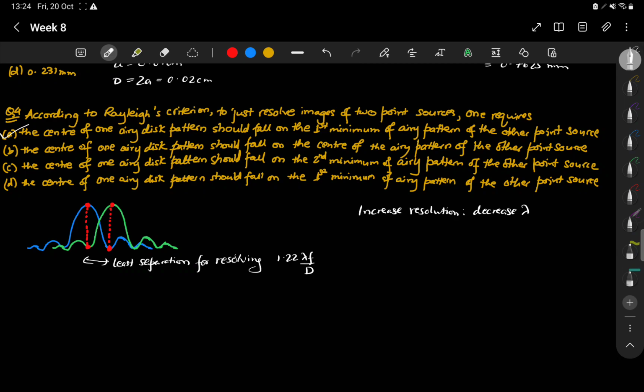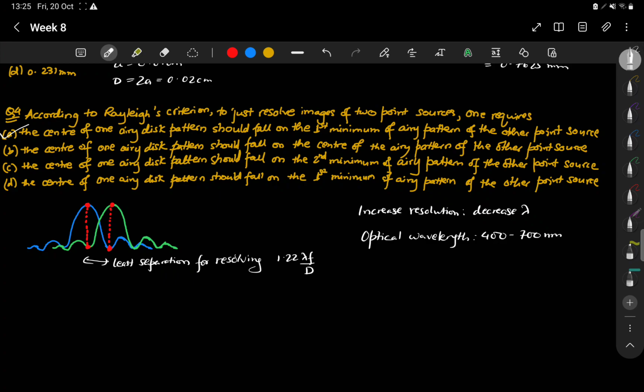This is a basic concept for understanding why people came up with the electron microscope. The traditional microscope uses optical light. Optical wavelength is of the order of 400 to 700 nanometers.